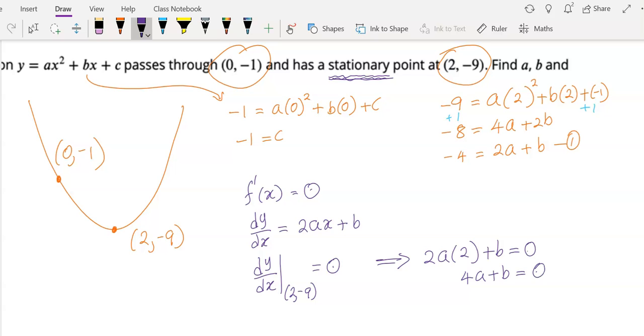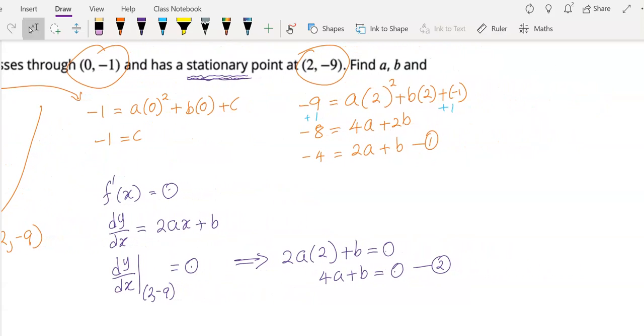So if 4a plus b equals 0, which is my second equation, I can treat these two as simultaneous equations and hence find a and b. Well, what can I do now? I can simply write them all on one side so that it's pretty clear for us. Equation number 1 can be written as 2a plus b equals -4. That was number 1. I just simply swapped the sides from here to here.